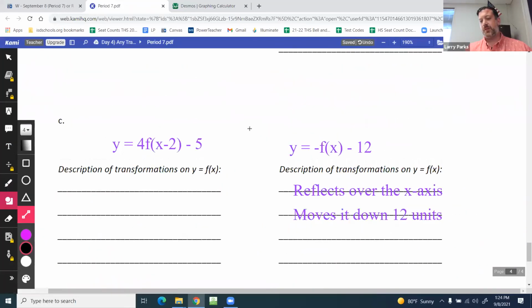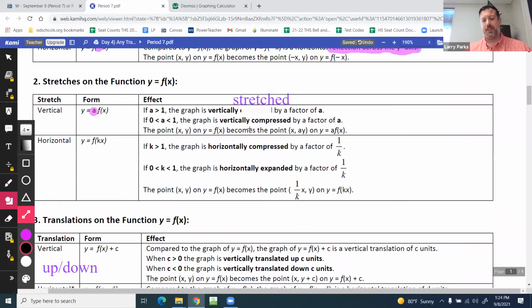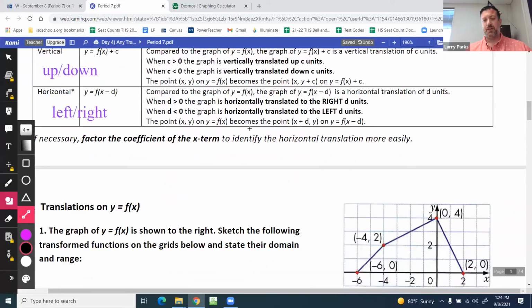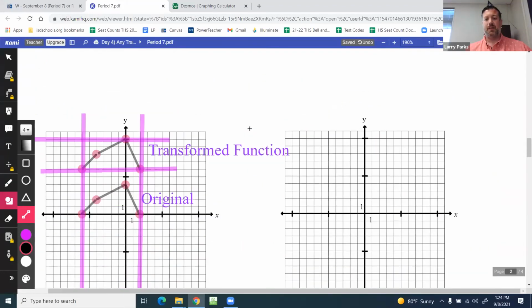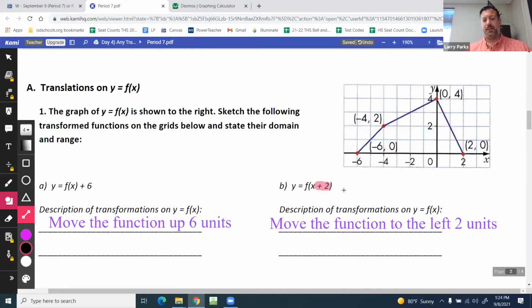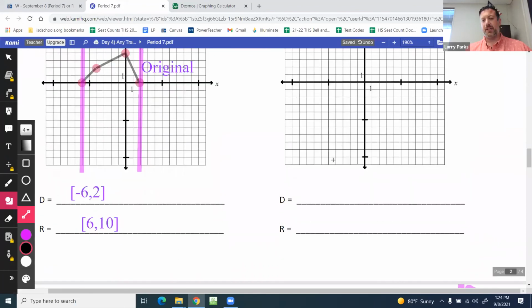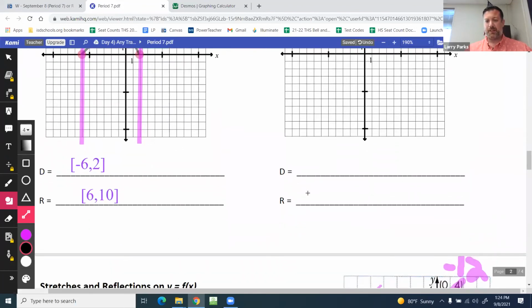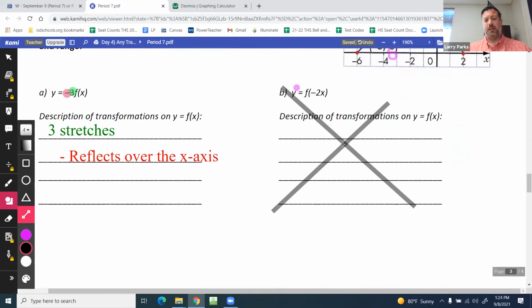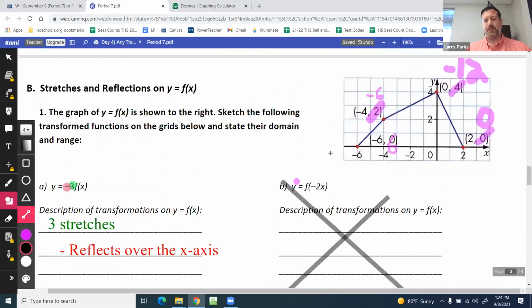Okay, so what you should be doing for your practice, we did these notes. I said, move this to the left 2 units. So we're going to do that over here. We're going to put down the domain, put down the range. I crossed this off for you.